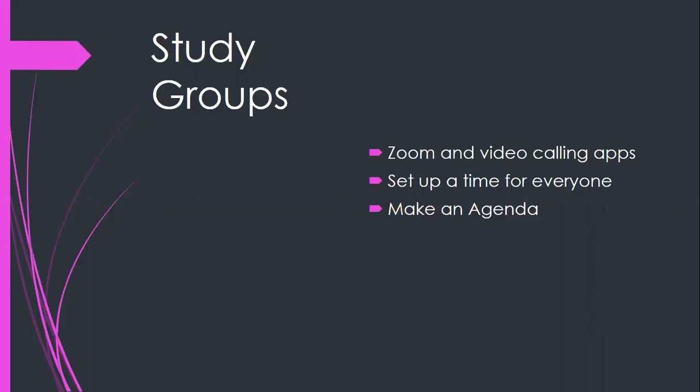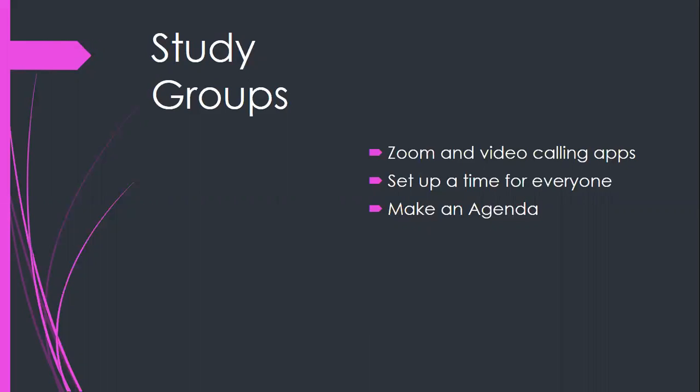The important thing is that once you find where to meet, next you set up a time for everyone to meet so that everyone can log on at the same time and have enough time to go over concepts or notes.